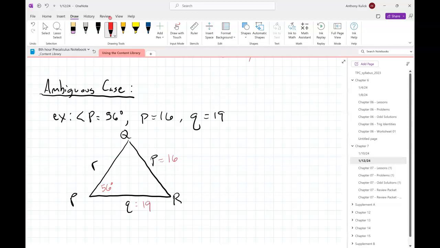Now, if I look at this picture, I notice this is SSA. Angle P is acute, less than 90 degrees, and side P is less than side Q. That's the ambiguous case, right?